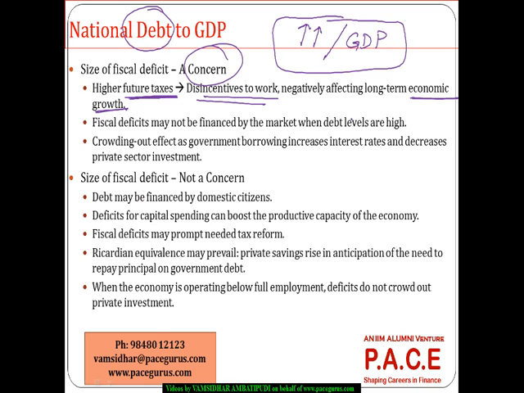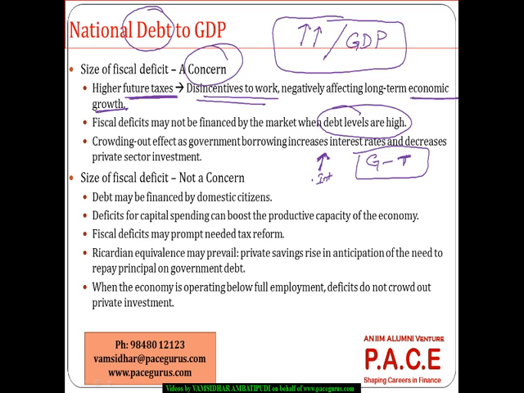And when the debt is very high, whatever deficit is getting created may not be financed at all. New financing cannot come if the debt is already very high. And look at it like this: the government is borrowing more and more, and if it has to borrow more and more, it has to pay high interest, right?